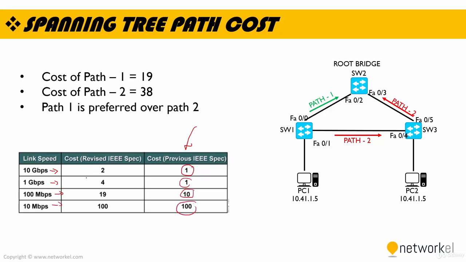As you can see in the picture, in STP, I'm taking a 10 gigabit per second link as a cost value of 1, and I'm taking a 1 gigabit also as a cost value of 1. But a 10 megabit per second link, which is a slower path, has a higher cost value.